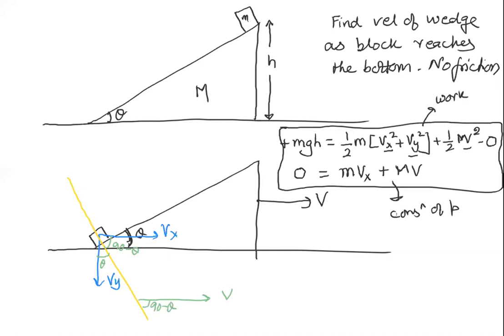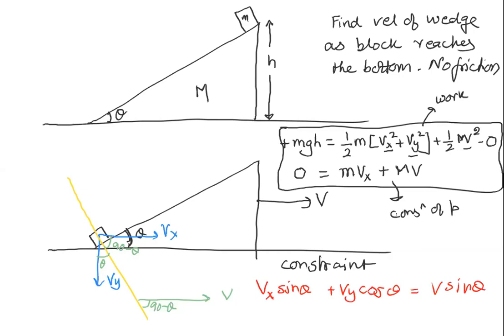So the constraint equation gives me Vx sine theta plus Vy cosine theta must be equal to V sine theta.